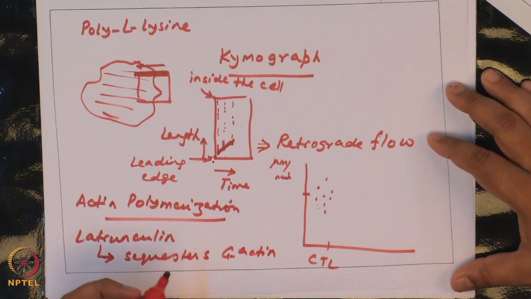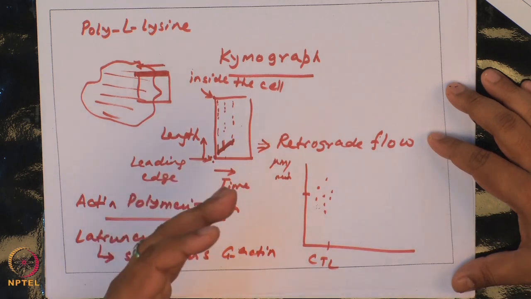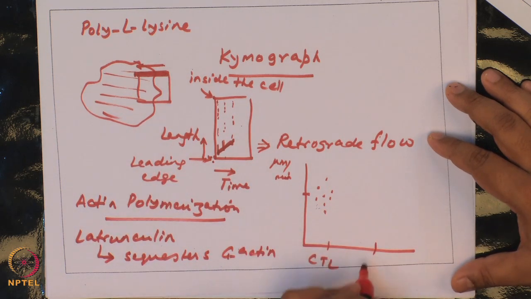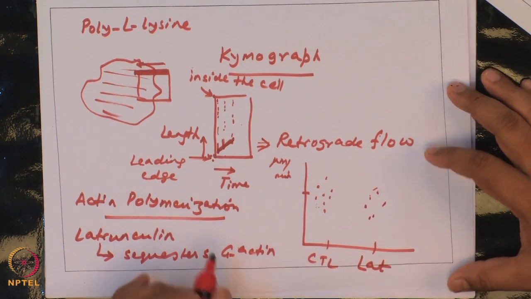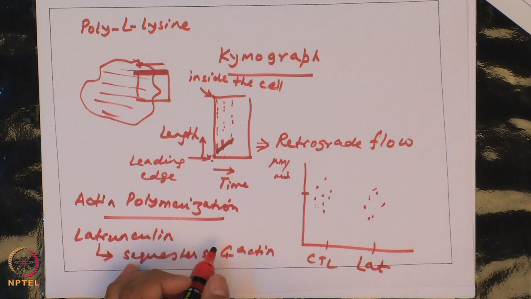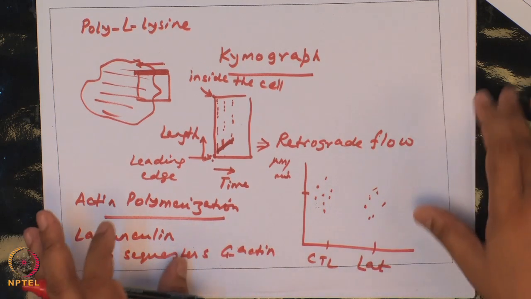As a consequence, your polymerization is stopped, and what they found is, in latrunculin treated cells you have the same amount of retrograde flow. Okay. So, you have two conditions in which the retrograde flow does not change when you perturb the polymerization. So, what does it suggest? It suggests that probably it is again the myosin motors behind the lamellipodia which is pulling the entire network backwards.